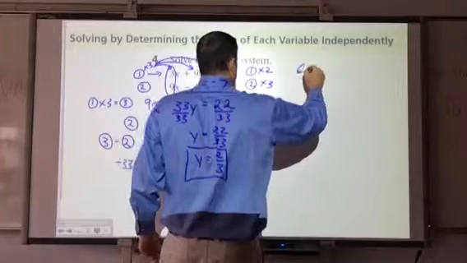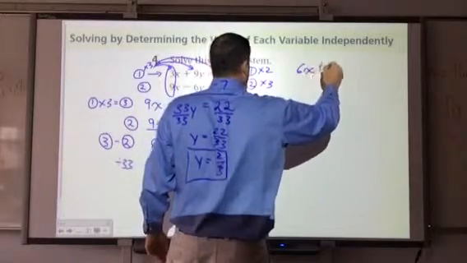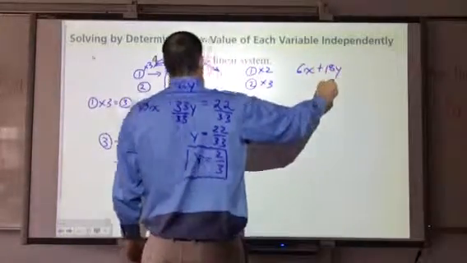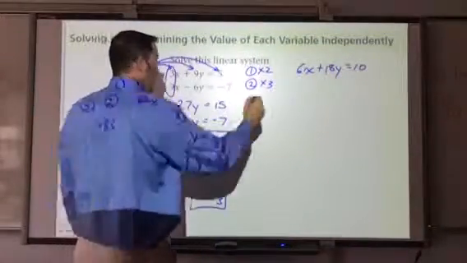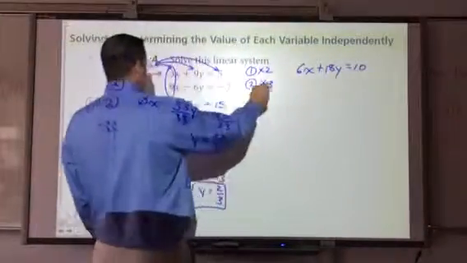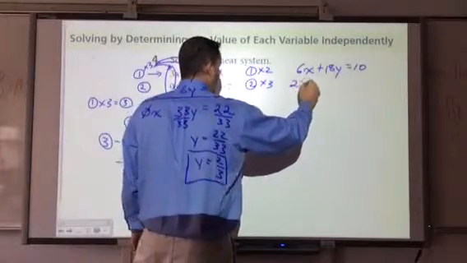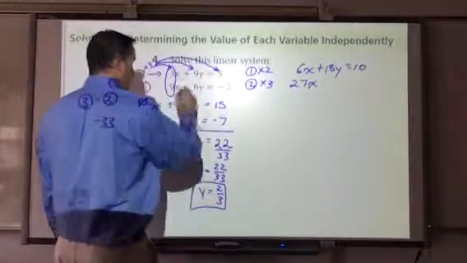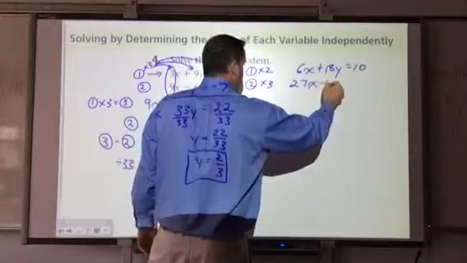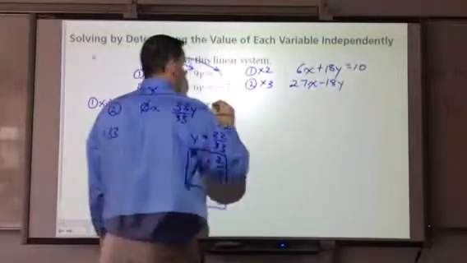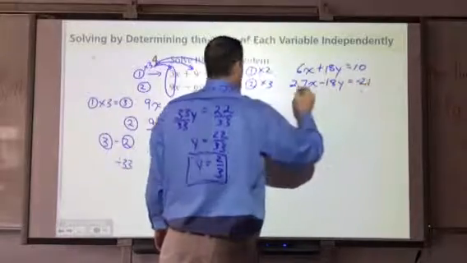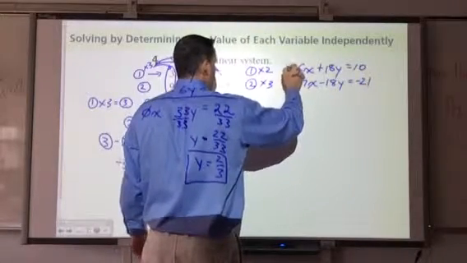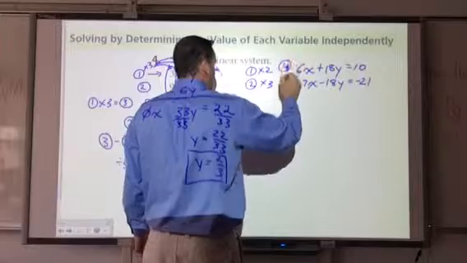So I get 6x plus 18y equals 10. And then I get 3 times 9, 27x minus 18y equals -21. So this would be equation 4, and this is equation 5.